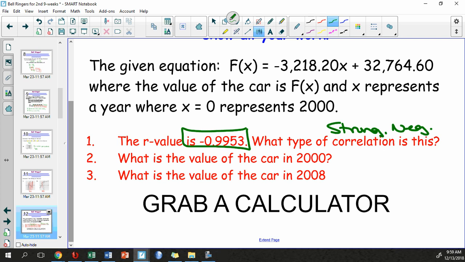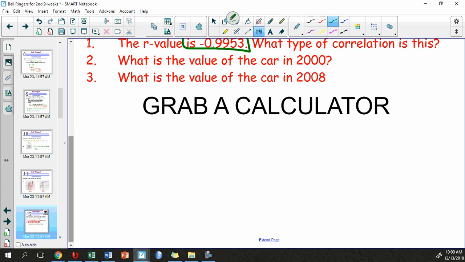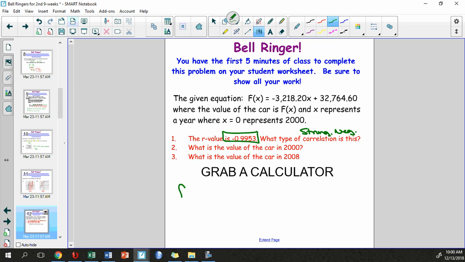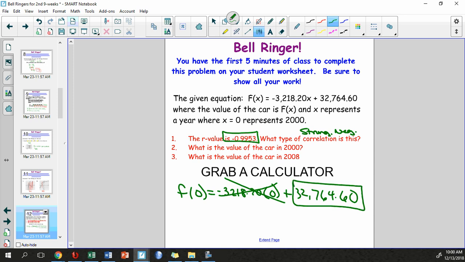So what you actually have to do in this problem is plug and chug. So in this problem, you're going to do f at 0. So you're going to have negative 3,218.20 times 0 plus 32,764.60. That goes away, so the value is going to be this right here. So in 2000, the value of the car was worth $32,764.60. But then what is the value in 2008?